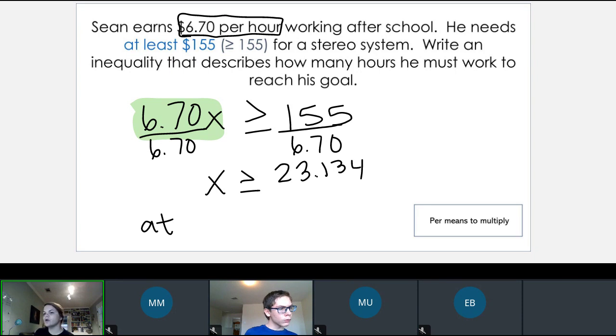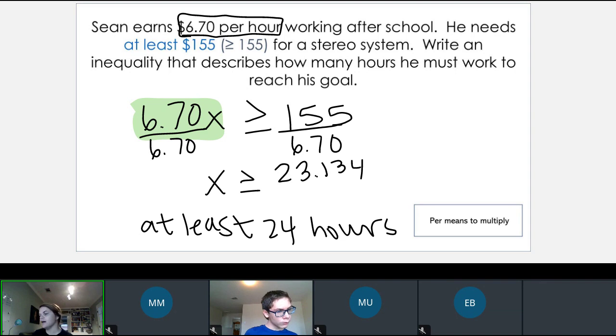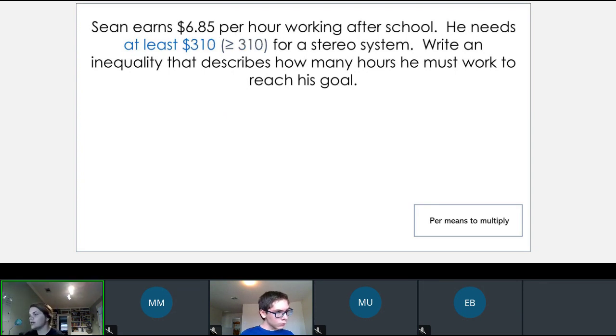So he would need to work at least 24 hours to be able to buy the stereo that he wants. Good. All righty, so let's look at another one.